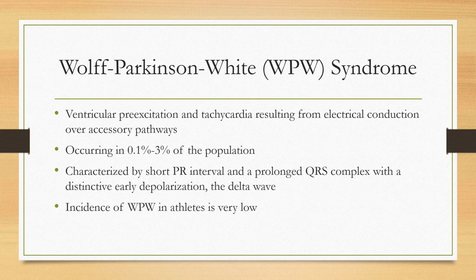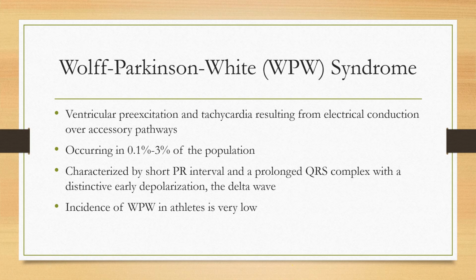So if you think back to that picture of the SA node, the AV node, the electrical activity traveling down the bundle branches and then out into the ventricles, it's essentially saying that that first electrical impulse is coming from multiple different spots, okay? So typically how we think of it is you see multiple different shapes of P waves because it's coming from multiple different locations in the heart, okay?